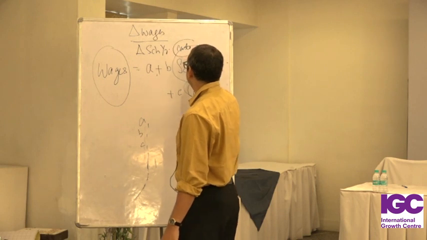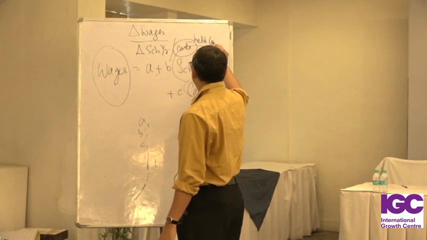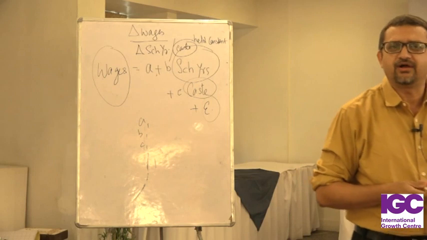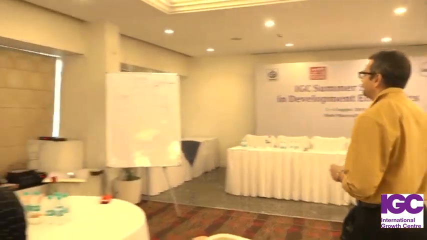What does that mean, caste held constant? Someone else. In the same caste, when the caste is not changing, what is the degree of linear association between the two variables? Between wage and school year, how much wage is changing for a change in school year, and the caste of the people is not changing. Okay.